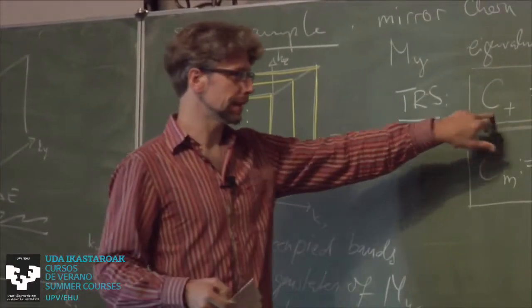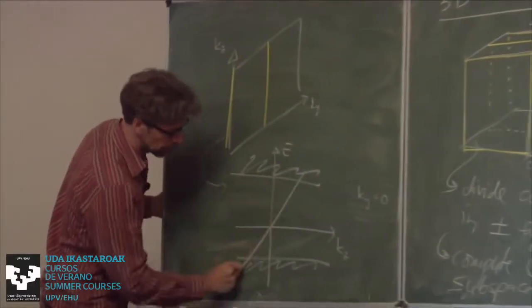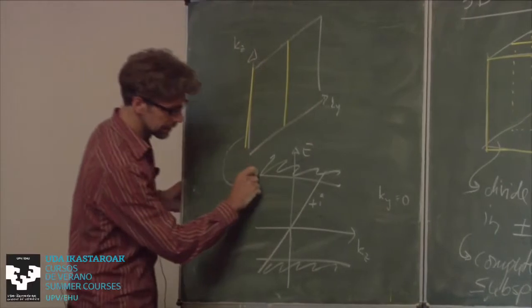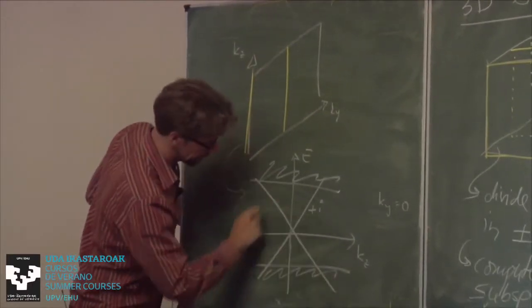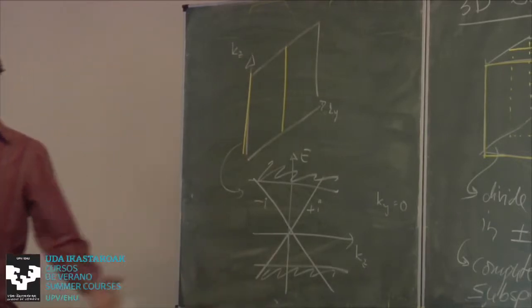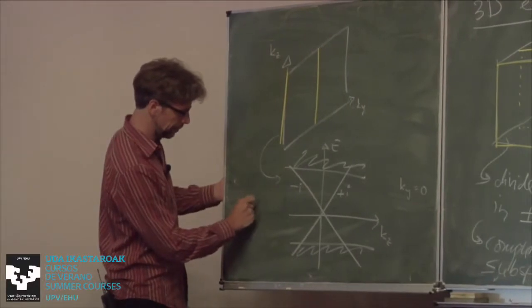So this means that C plus is 1 and C minus is minus 1. So I'll have one chiral mode with plus i mirror eigenvalue, and I'll have another chiral mode with minus i mirror eigenvalue, coming from the other subspace because it has the opposite Chern number. So this is the case for Cm equal to 1.